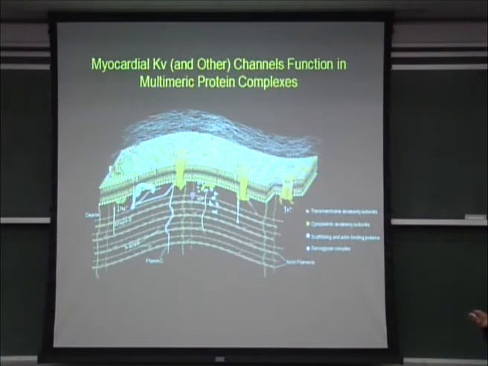And then in addition, there's evidence from several laboratories that both voltage-gated sodium channels and other channels interact directly with the extracellular matrix. And one of the exciting things about this from our perspective, and I think this is true for other channels like connexins, gap junction channels, is that these interactions begin to suggest a relationship between cardiac structure and channel function.